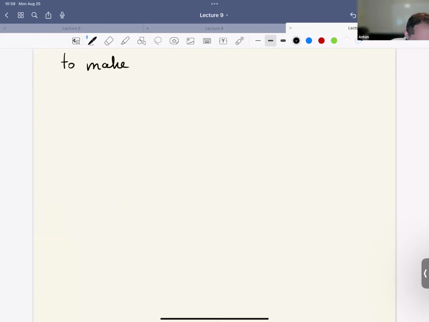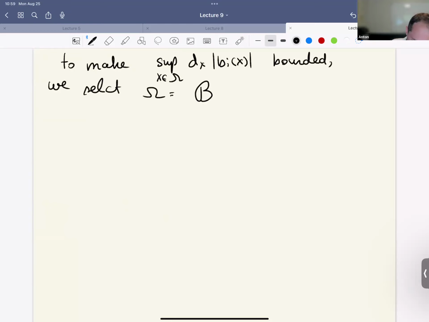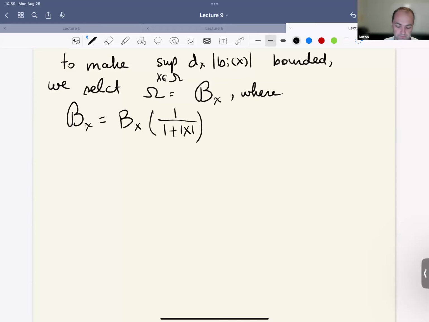To make the supremum of x in Omega of the derivative of b_i of x bounded, we select Omega to be this special ball around x, with radius 1 over 1 plus the absolute value of x.